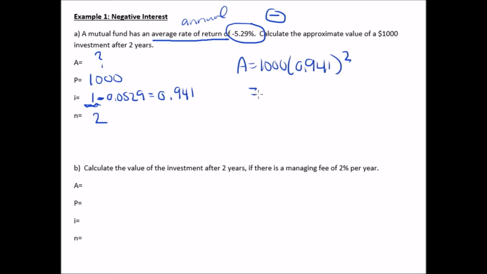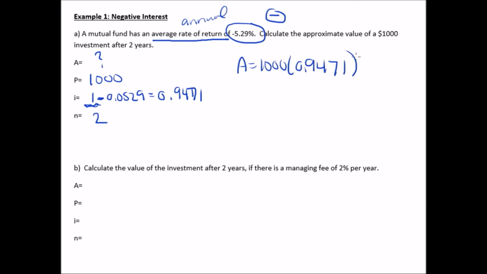So 1,000 times 0.9471 squared. Sorry, I was wondering why I was getting the wrong answer.